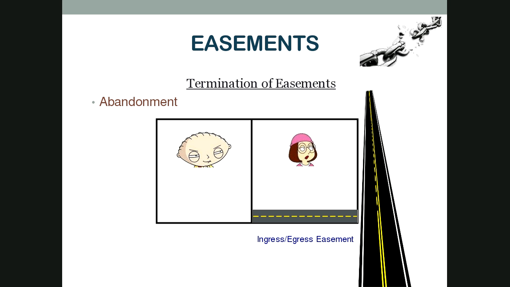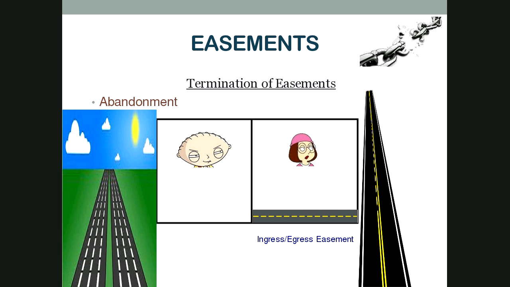The next one is abandonment, right? So let's say we have the same situation, right? Stewie has this access easement over Meg's property to get out to the main road. But then some years later, they build a super highway over on Stewie's side. And so Stewie says, well, heck, I can just jump right out onto the super highway now.